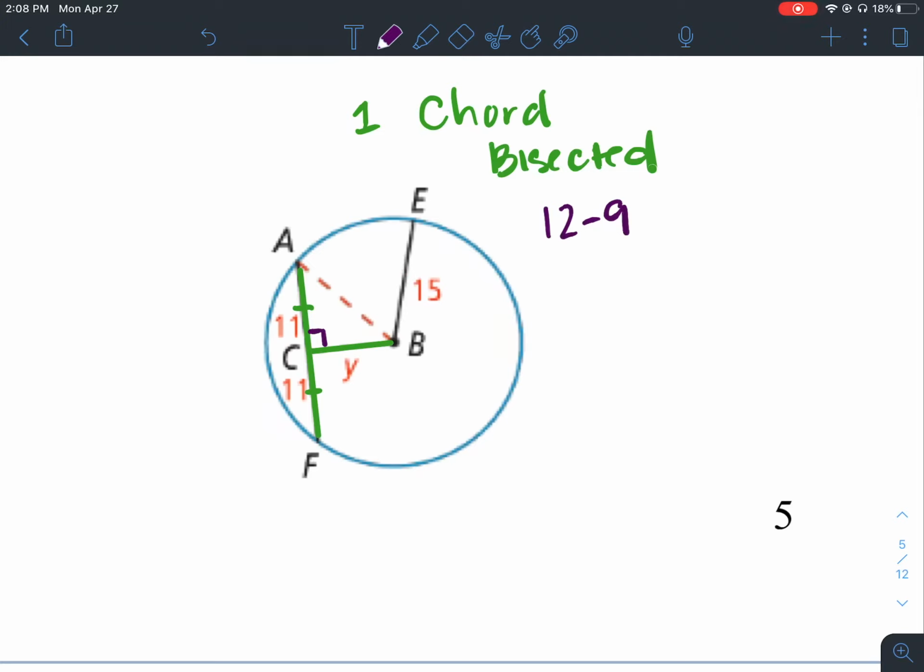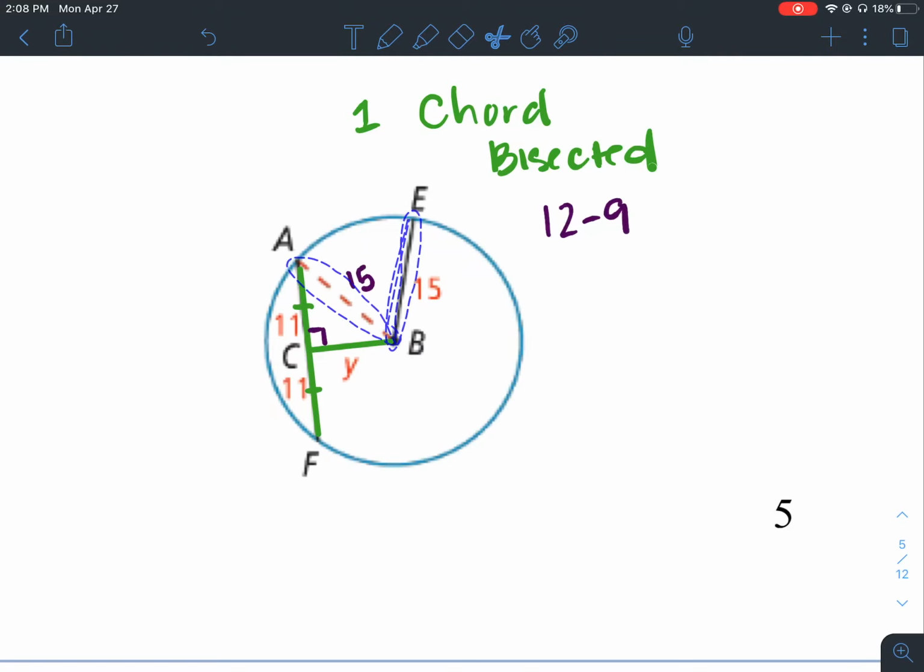And now I can say, okay, I've got this extra piece from E to B, that's 15, but I've got a dotted in segment from A to B. That also has to be 15 because both BE and AE are radii, which means they have to be the same, which means we just created a right triangle.